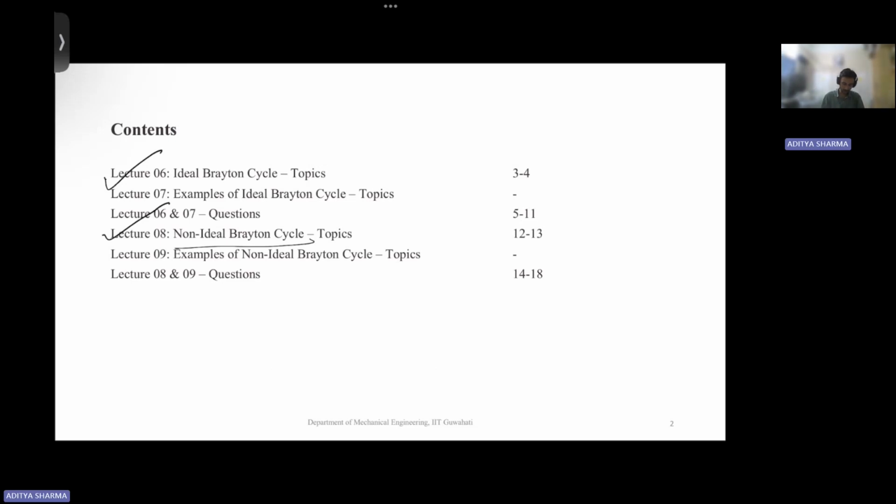And then there is lecture 7, corresponding to the examples of ideal Brayton cycle, and then examples corresponding to your non-ideal Brayton cycle are in your lecture number 9.